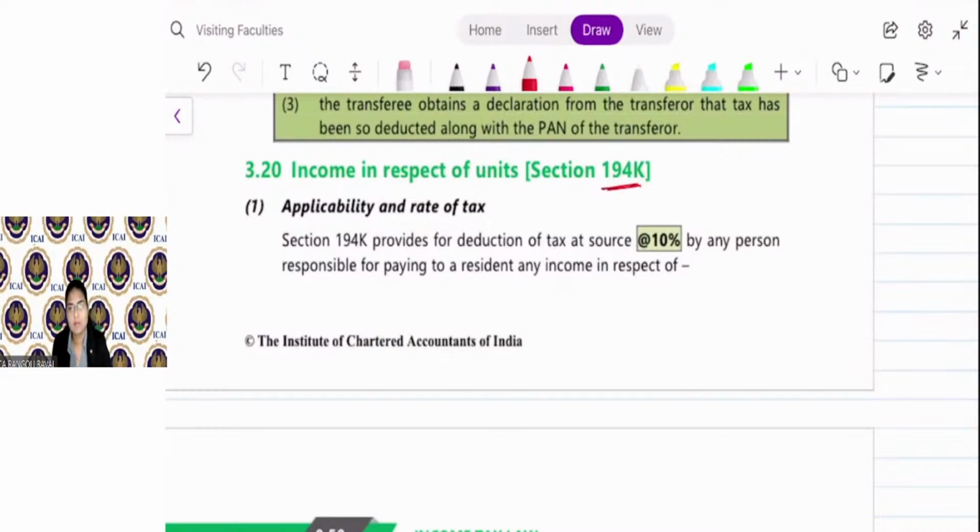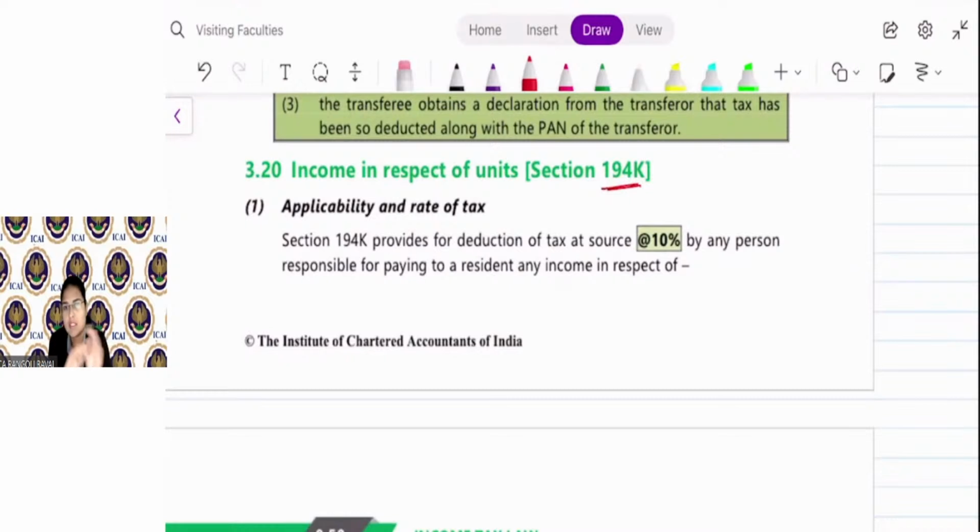If you are purchasing software on which TDS was already deducted on an earlier transaction, then again TDS is not required to be deducted under section 194J. Say, for example, there is one ERP software. On that, the developer agency has already deducted TDS.